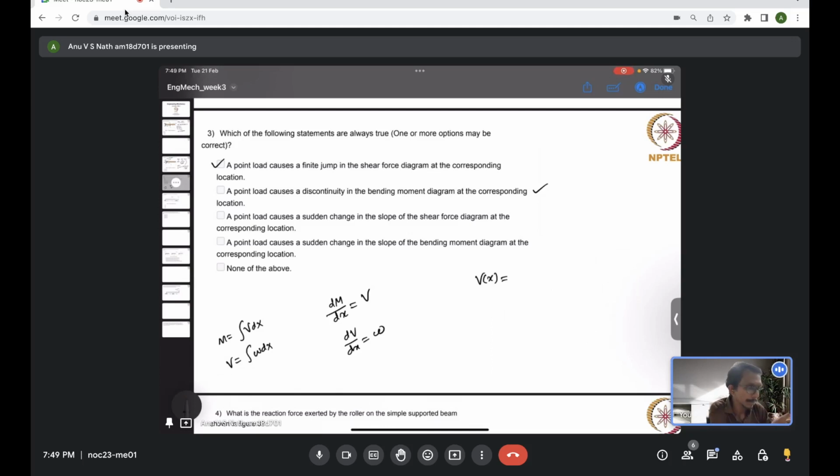Because of that, a sudden discontinuity is going to happen in the shear force diagram. So if I just draw the shear force diagram, this is a shear force diagram.